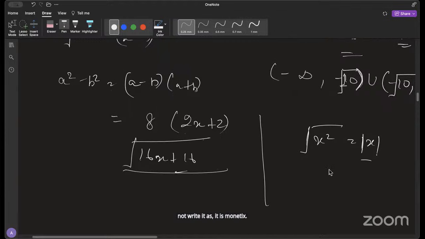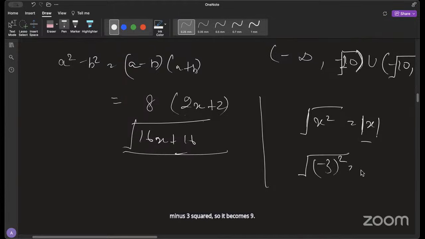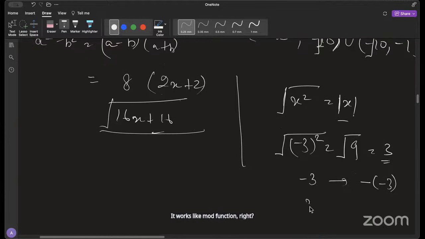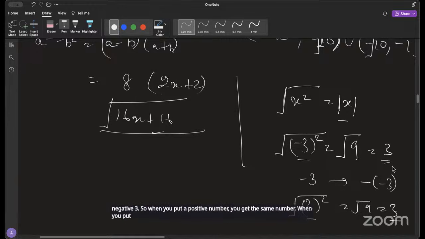Because when you put minus 3 here, minus 3 square becomes 9, and square root of 9 gives you 3. So if you put a negative number in this function, you get the negative of that number, that means a positive number.